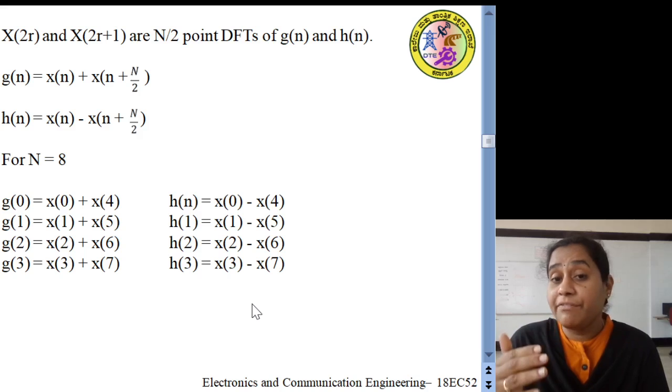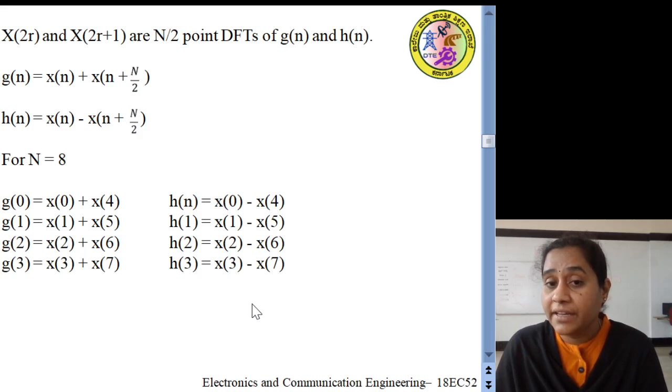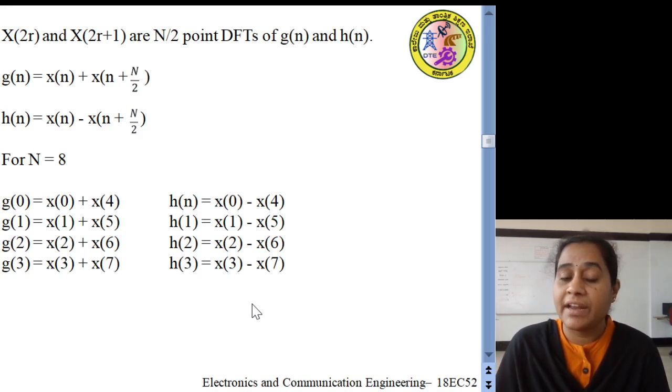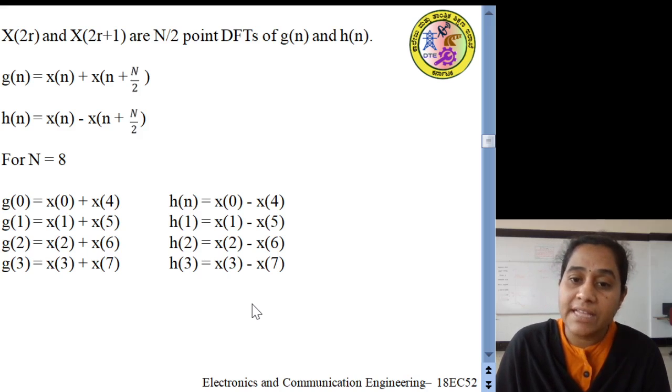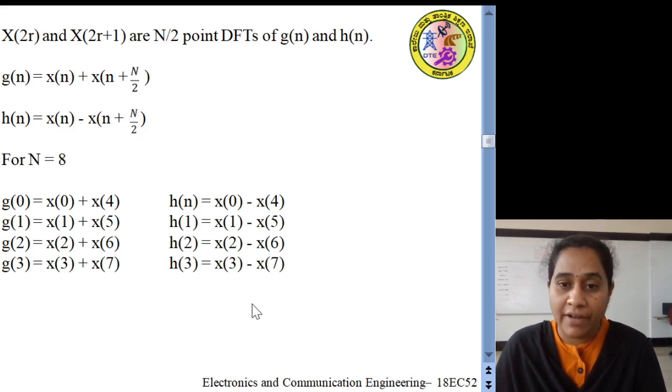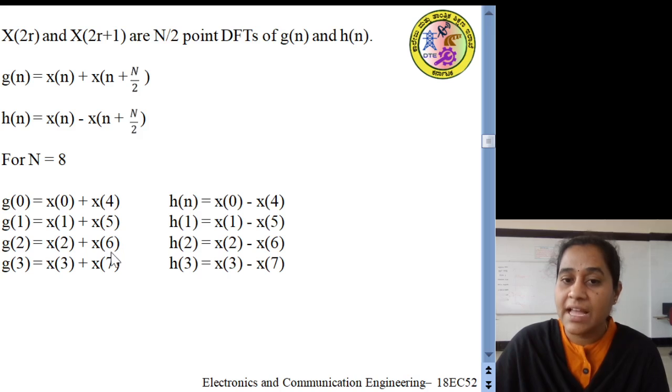For the specific value of N equal to 8, we can write g of n as: g of 0 is equal to x of 0 plus x of 4. g of 1 is x of 1 plus x of 5. g of 2 is x of 2 plus x of 6. And g of 3 is equal to x of 3 plus x of 7.